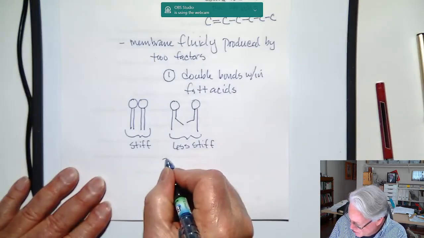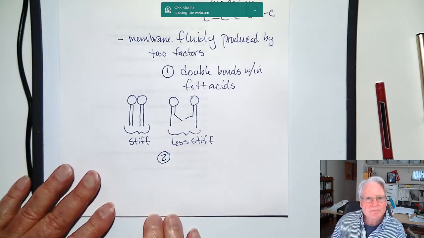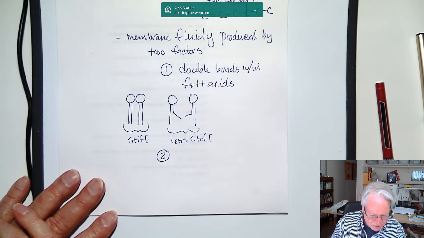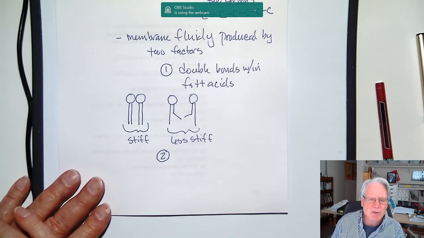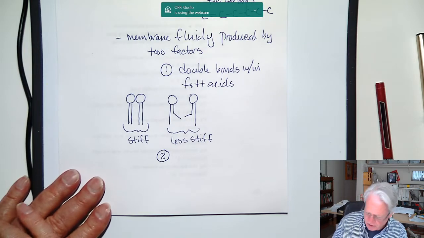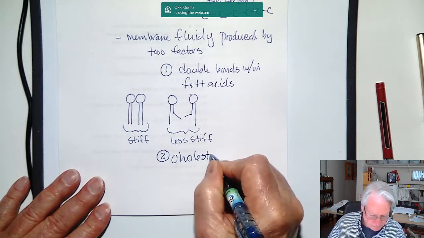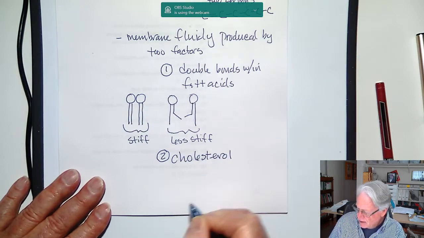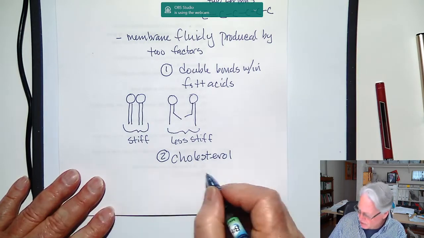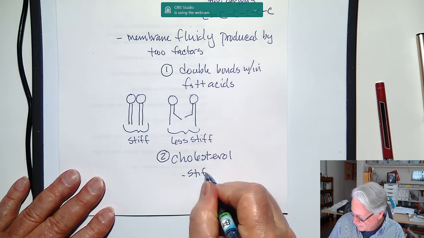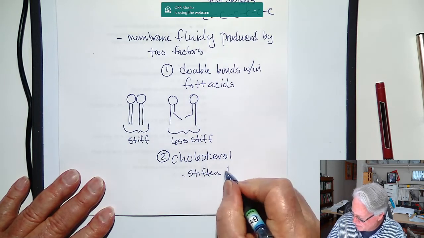The other factor that's going to add to the fluidity of the membrane is cholesterol. And cholesterol tends to stiffen the membrane.